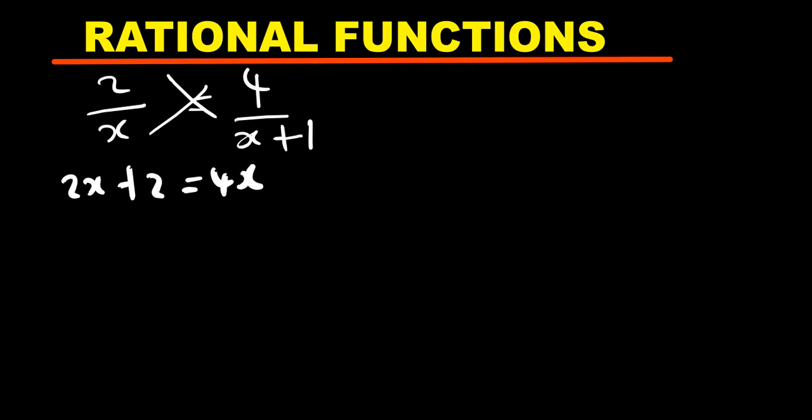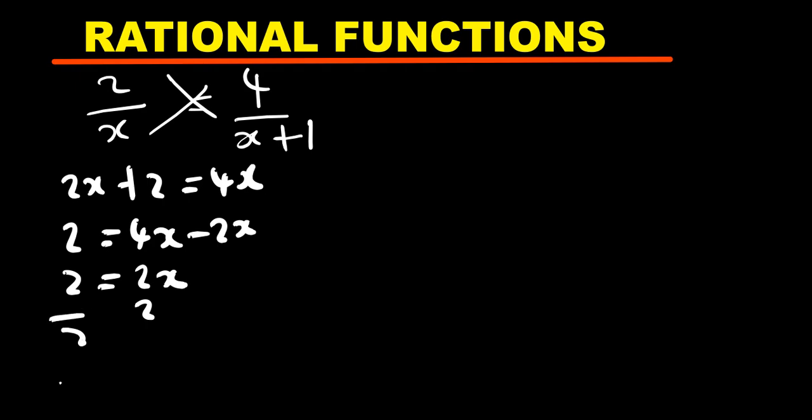When I put like terms together, I'll have 2 is equal to 4x minus 2x, that is just 2x. I'm going to divide by 2 on both sides, so our x in that case will just be 1. So a lot is not involved when you're solving rational equations.